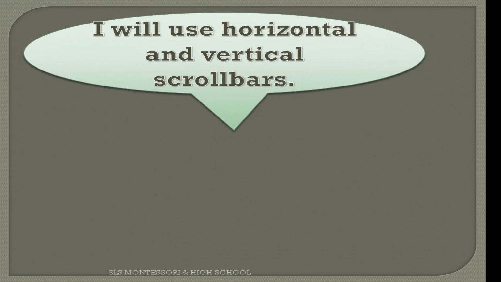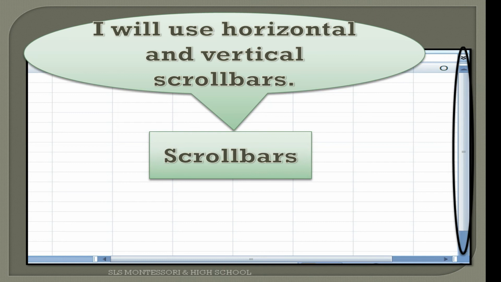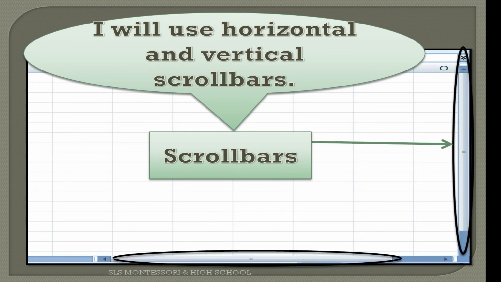I will use horizontal and vertical scroll bars. This is the vertical scroll bar and this is the horizontal scroll bar. Basically, vertical scroll bar is used to scroll up and down while the horizontal scroll bar is used to scroll left and right.